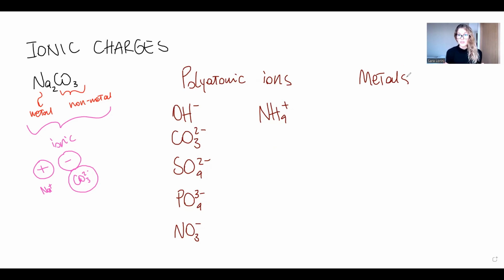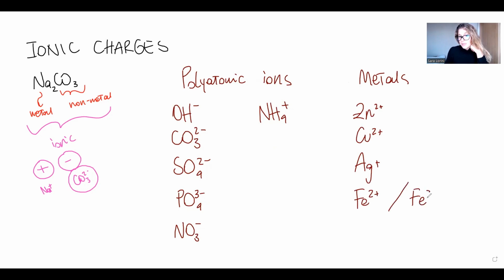They always have the same charge, +1 and +2, depending on the group. But there are others, like transition metals, that can have variable charges, so we should be familiar with the most common ones. Maybe you've come across copper 2+, zinc is also 2+, silver is just 1+, and iron can be 2+ as well as 3+.